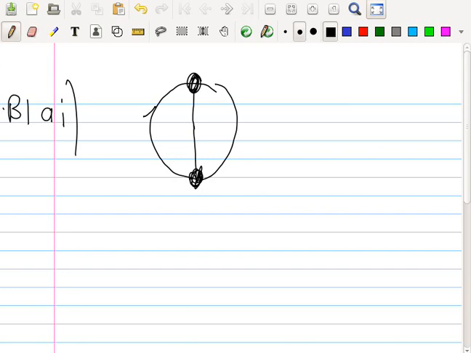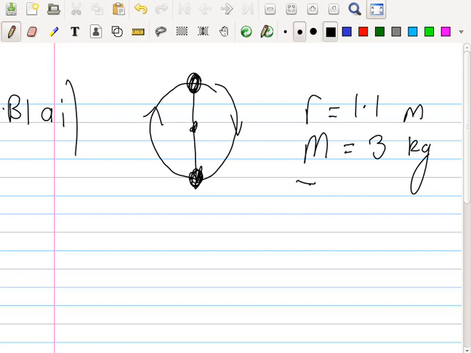So it's going like this. There it is at the bottom, there it is at the top, and it's going around and around like that. And the radius is 1.1 meters. The mass is 3 kilograms. And the time period is 1.5 seconds.